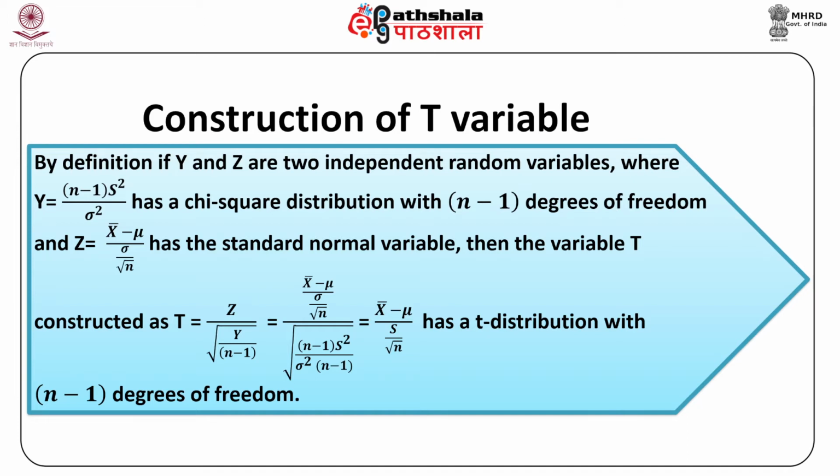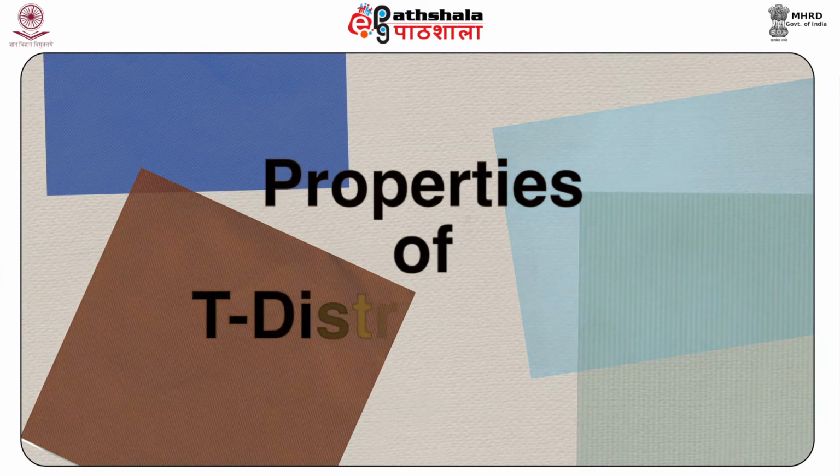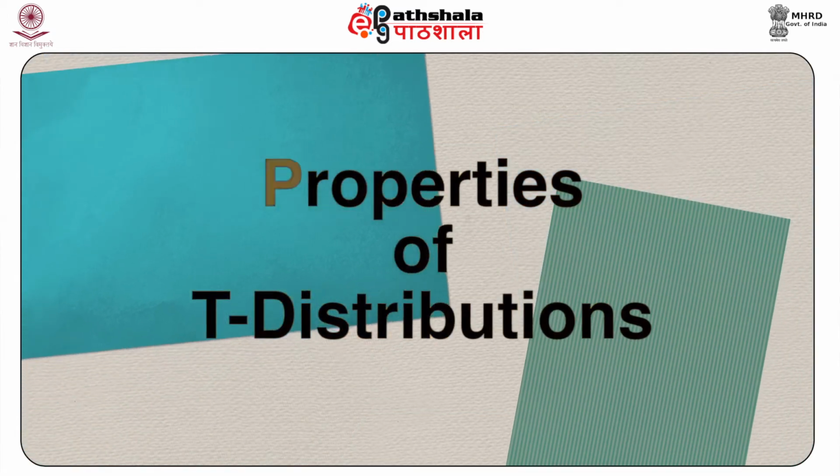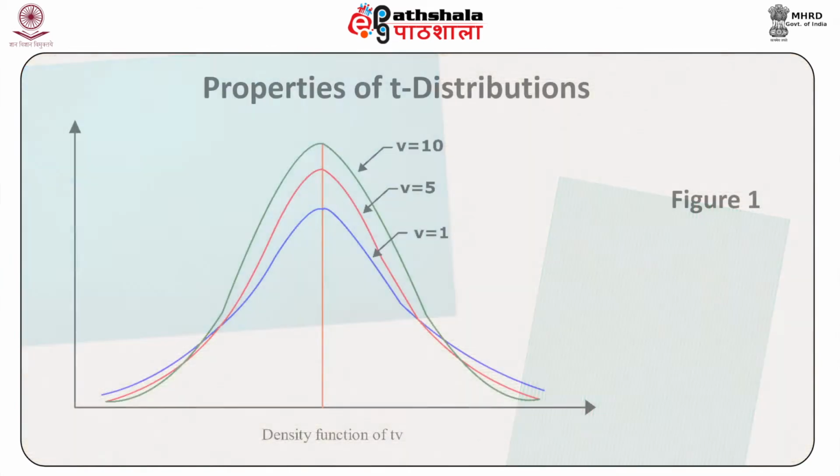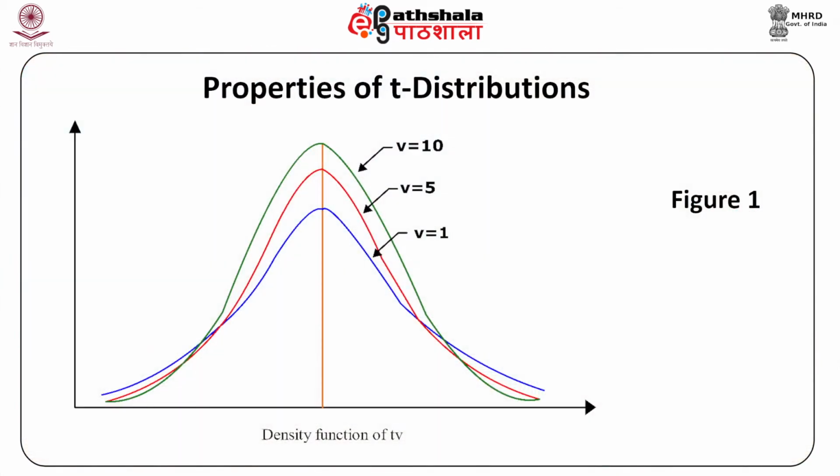As the density function of the t distribution is more complicated than the normal density function, we have avoided writing it here. But let us understand the properties of this t distribution. The t distribution has only one parameter, which is the number of degrees of freedom, generally abbreviated as df.